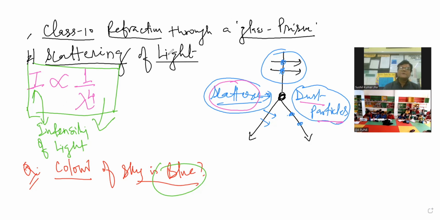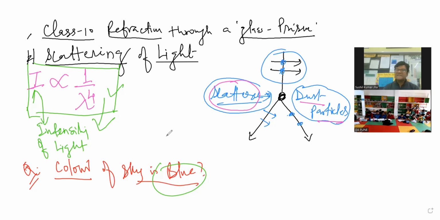After this formula and diagram, please add. All have drawn this diagram? And this formula, have you written? Capital I is proportional to 1 by lambda raised to the power 4. This is called intensity of light.